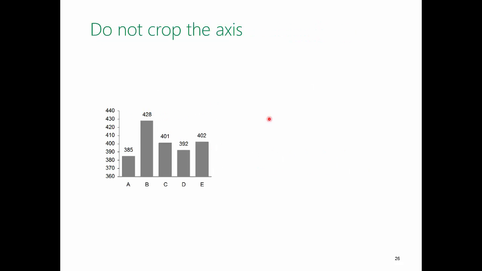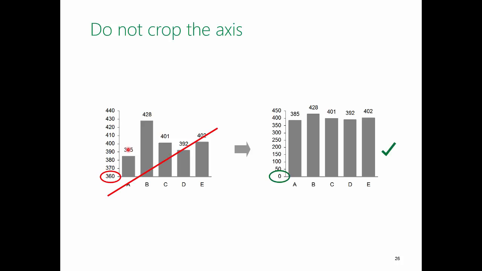And another option where you can make a bad visualization is if you crop the axis. Here I can just deduce that the sales of product B is more than twice as much as product A, but of course this is not true, because the axis is cut and we have not visualized the chart correctly.